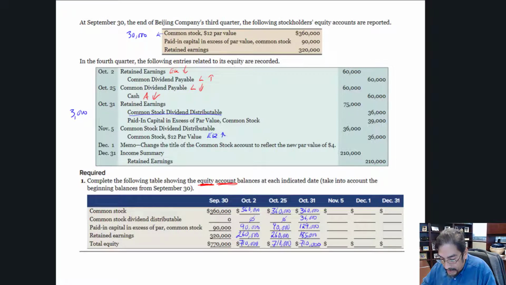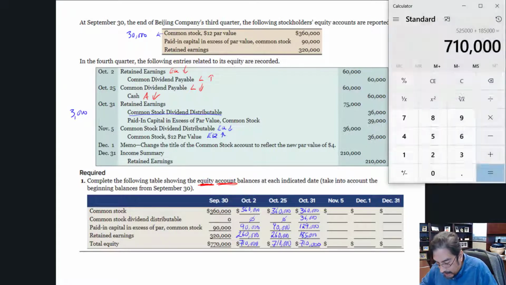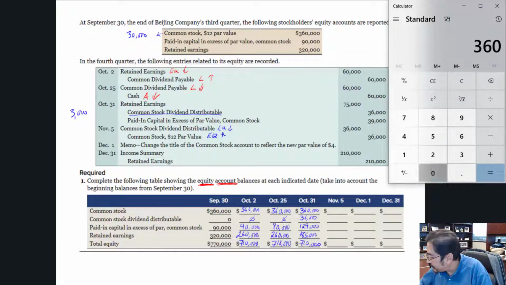That's what we've just issued. And then we get rid of that dividend distributable account of the $36,000. So here, this is an equity account that we're getting rid of. So on November 5th, our common stock account goes up by $36,000, to $396.